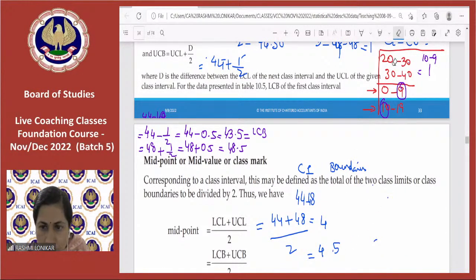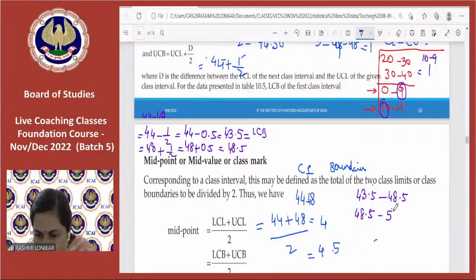So, I am now able to write this as 43.5 to 48.5, then 48.5 to 53.5, then 53.5 to 58.5, and so on.